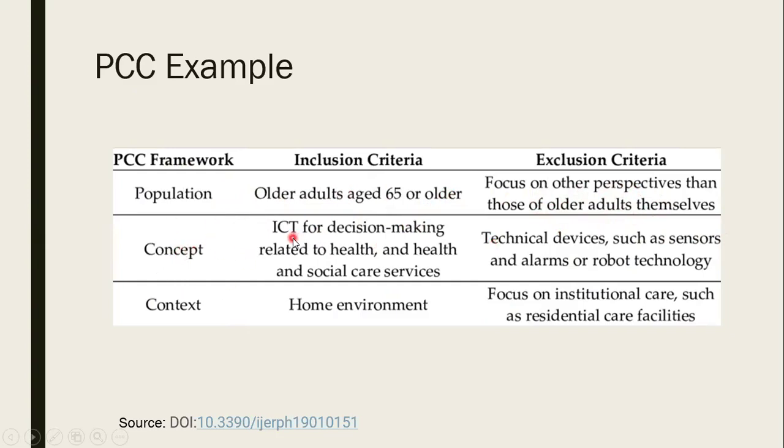The concepts include ICT for decision making related to health and social care activities, with technical devices such as sensors and alarms or robot technology as an exclusion criteria. The context includes the home environment. The exclusion criteria include the focus on institutional care such as residential care facilities.